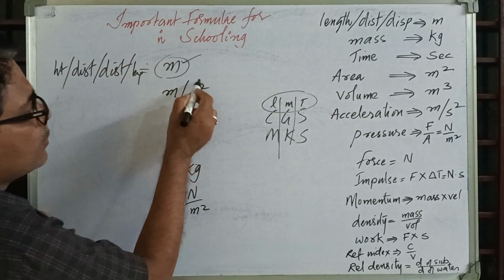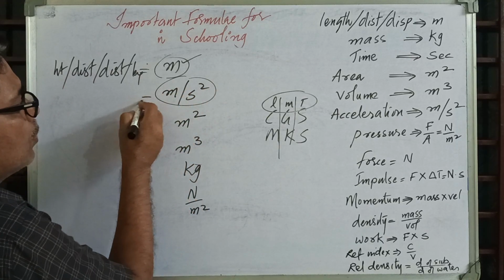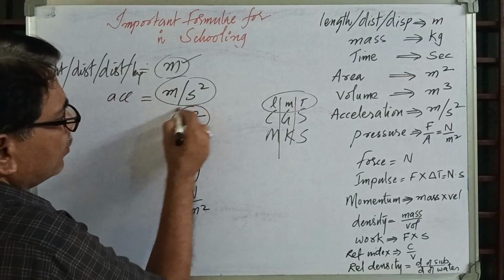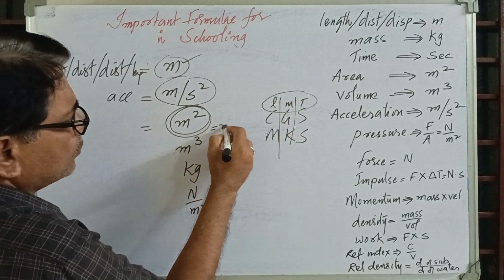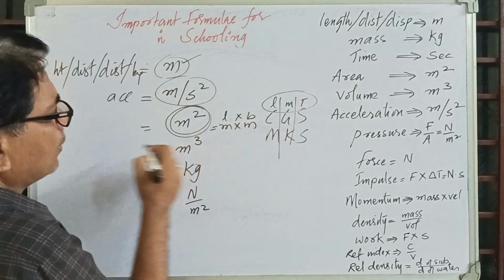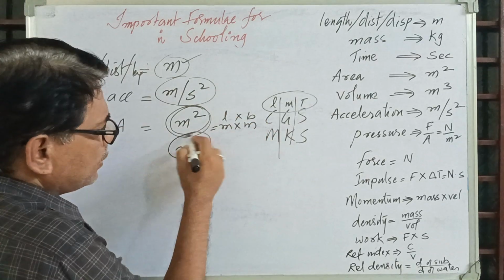Now when I come across this one, it is meter per second square. So it is related to acceleration. Now meter square very clearly tells you that it is meter into meter. This shows that it is meter into meter. That means it is length into breadth. Therefore it is area. Simple. This is meter cube.